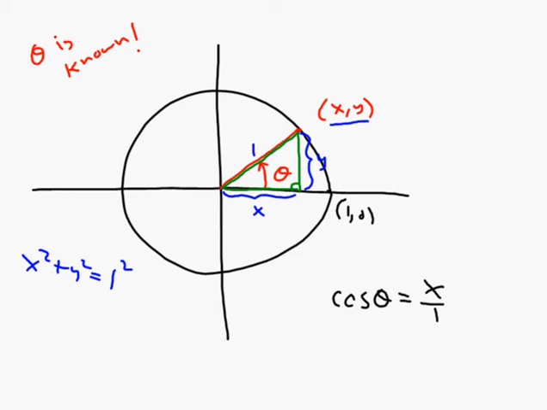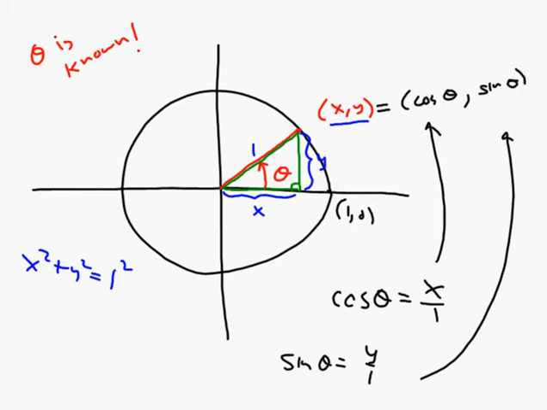Well, now you can see the convenience of having a hypotenuse of 1, right? Now you know that x is cosine theta. You can see the prettiness of having that radius be 1. All right, let's do sine of theta. Sine of theta equals y over 1. Well, there you go. That means it's just the y value.